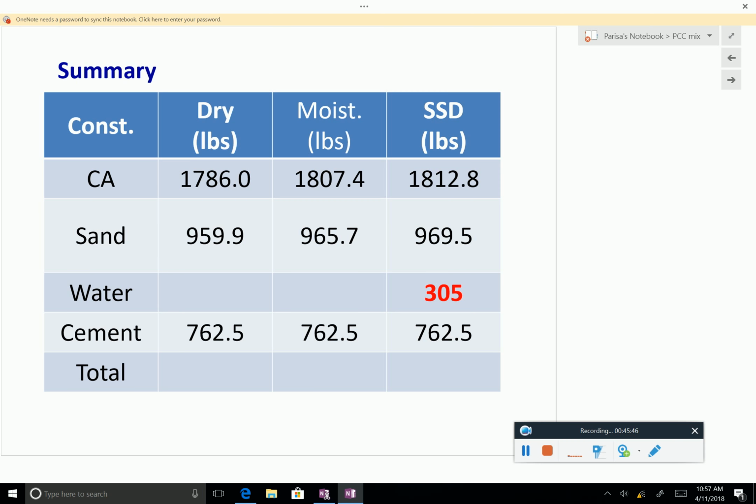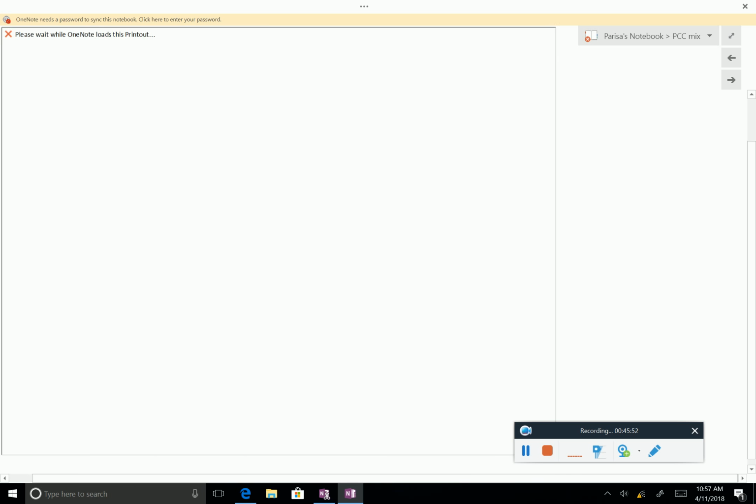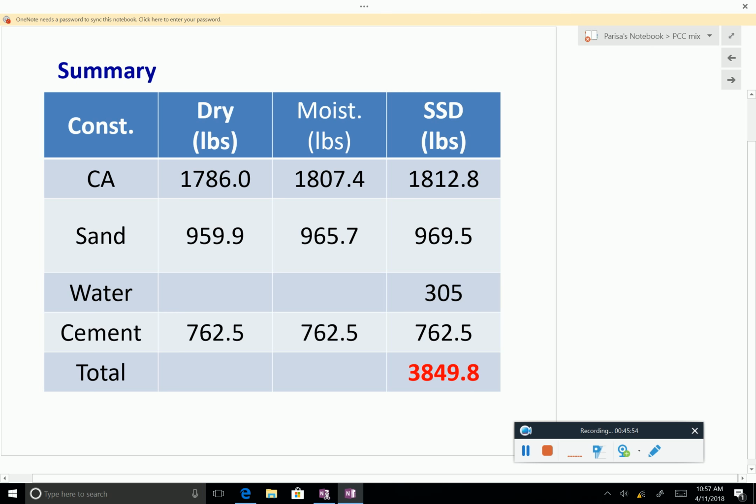If your material is coming at a different condition, this is not the amount of water you can use. So you want to first sum this up, and now it is easy because you have the weights. You can just subtract them and see how much deficit or how much extra water you have and correct the amount of water.